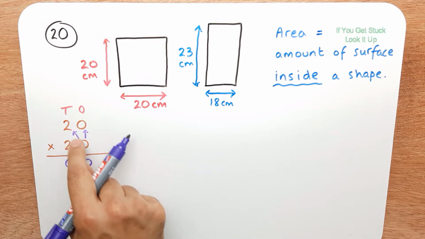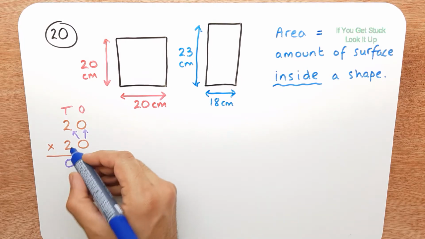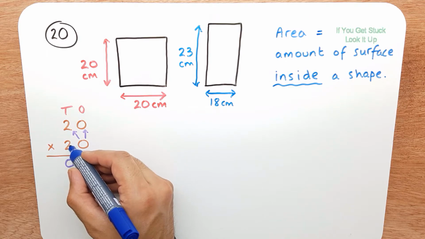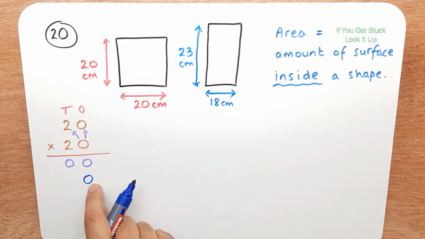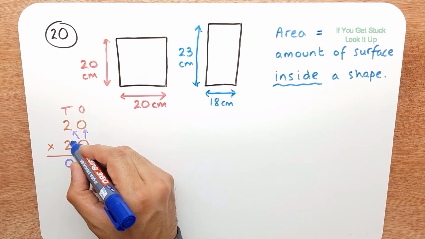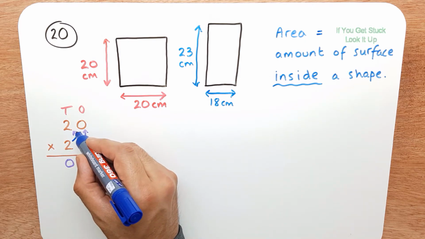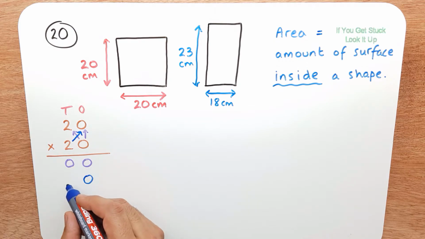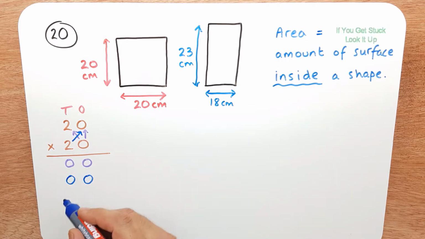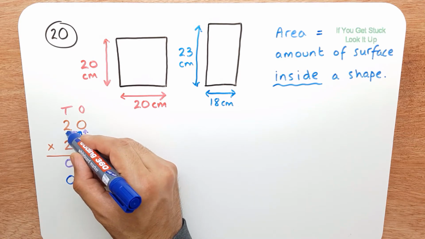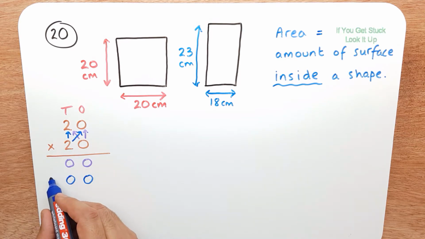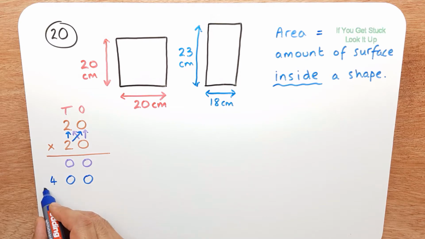So we finished with that column. Now we're moving on to the next column. And before we do that, we're going to put a helper 0. It's like a placeholder. So we do the same thing. 2 times 0 is 0. And 2 times 2 is 4. And that goes in the next column very carefully.